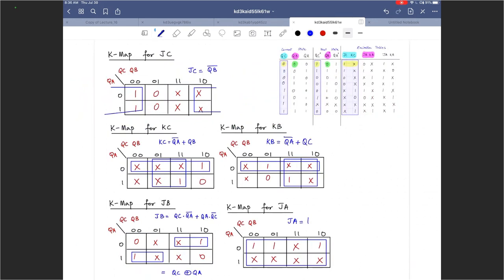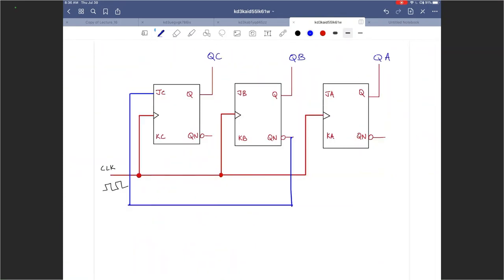Next, KC equals QA complement or QB. So I'm going to simply do this over here. I'm going to draw an OR gate, and I'm going to indicate 2 outputs so that doesn't get very messy. And I'm going to indicate that, no, it was KC.